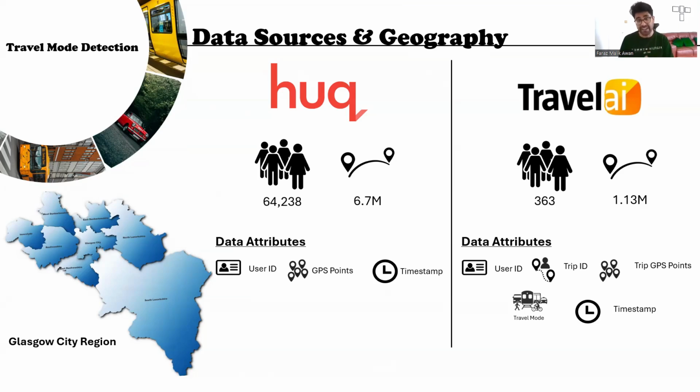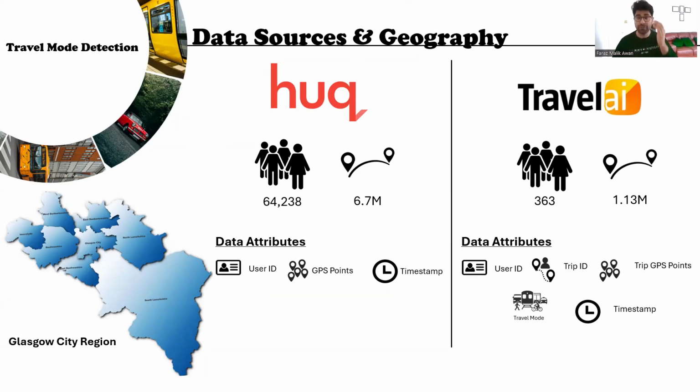On the other side, our Scandi dataset was acquired from Travel AI, and there were around 363 users in that data set, and it contained around 1.13 million trips carried out by those 363 users.